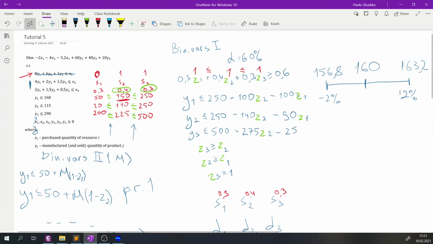If we now take the mean values of this demand, so 160, 115, and 290, and then we realize that its real value is 156.8, it means that our decision might be infeasible. Because if we take this right-hand side as 160, the mean value, or even the highest value 163.2, and the real value was 156.8 and our decision is 160, then it will be infeasible.